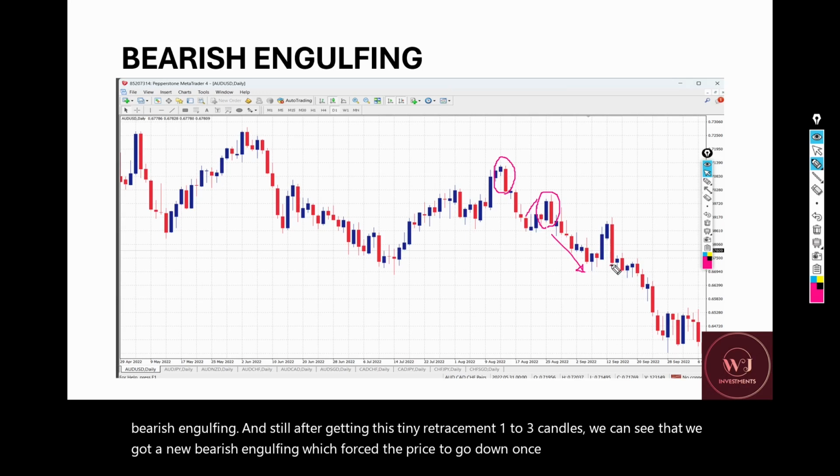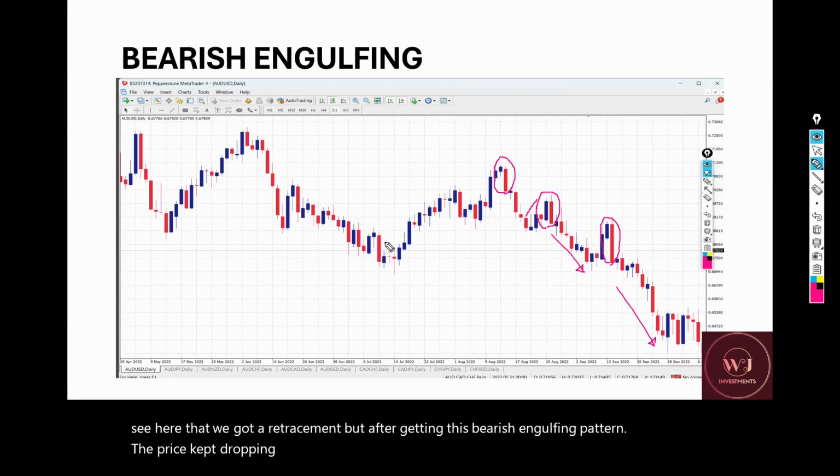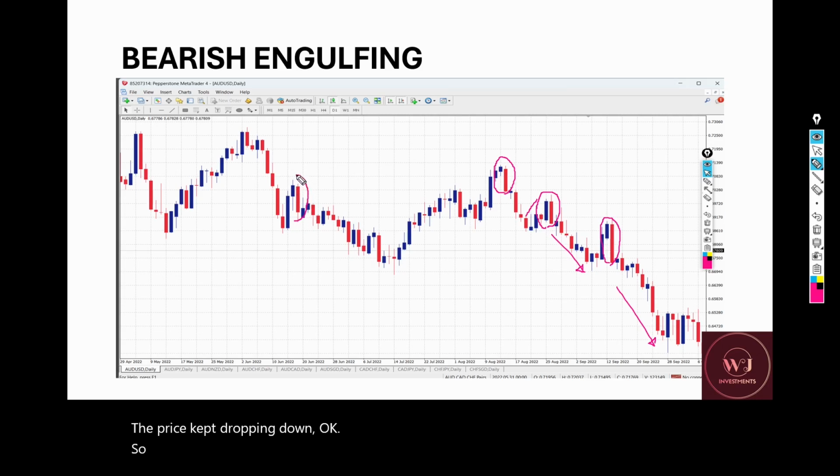Again, we got a retracement, but after this bearish engulfing pattern, the price kept dropping. It happens right here again, and after the retracement, it helped us to capture this continuation.